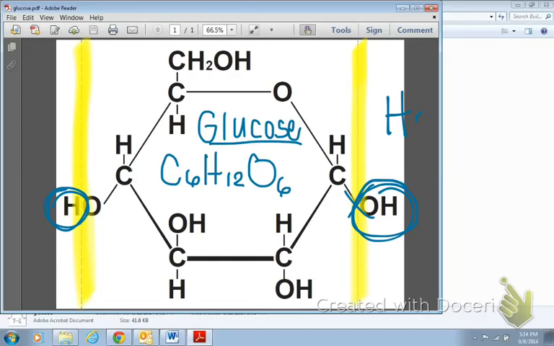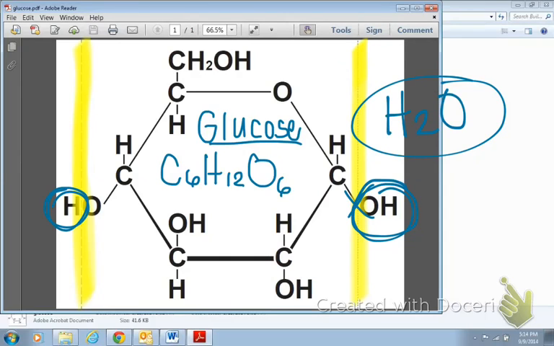That's H2O. So you're going to tape the H and OH onto a water droplet and show how water came out when you bond it together. And so water was removed.